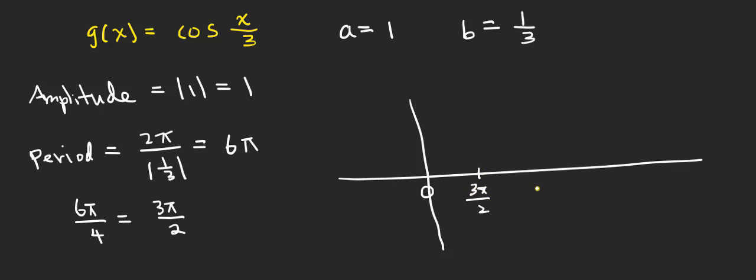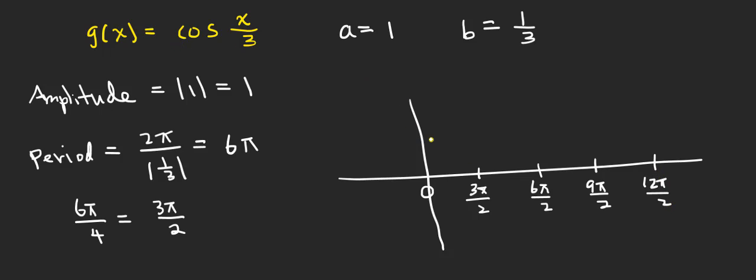And you need to add another 3 pi over 2, so you get 6 pi over 2. And you add another 3 pi over 2, you get 9 pi over 2. And 12 pi over 2. Of course, instead of 6 pi over 2, you could put 3 pi. Instead of 12 pi over 2, you could put 6 pi.